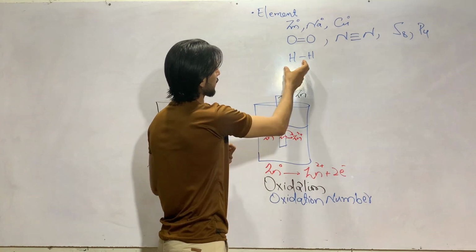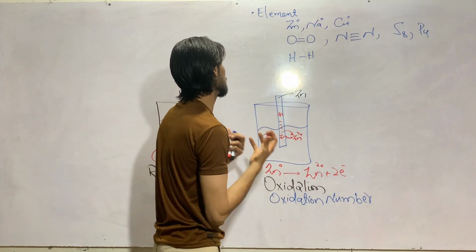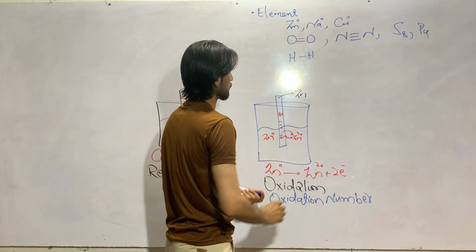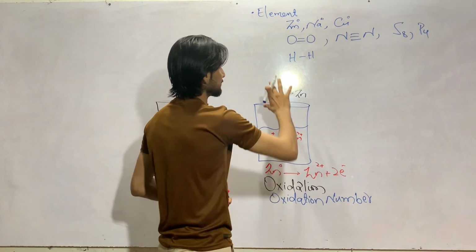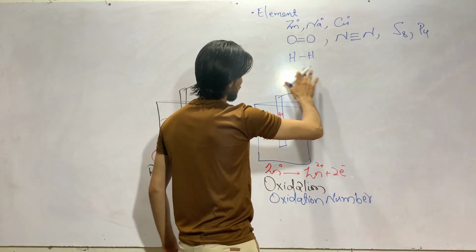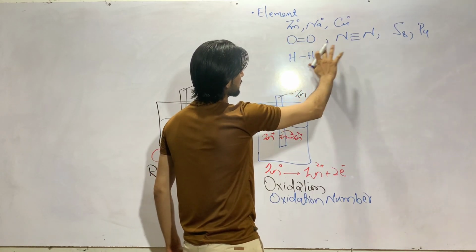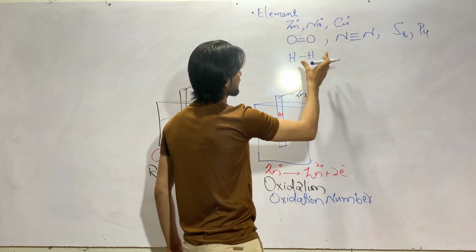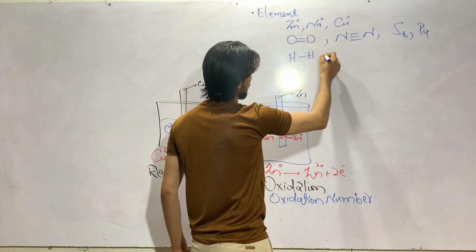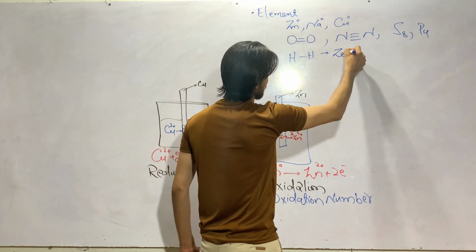None of the atoms attracts the electron more toward its side, so it is equally distributed between the two. So these elemental molecules, these homoatomic molecules, have zero oxidation state.